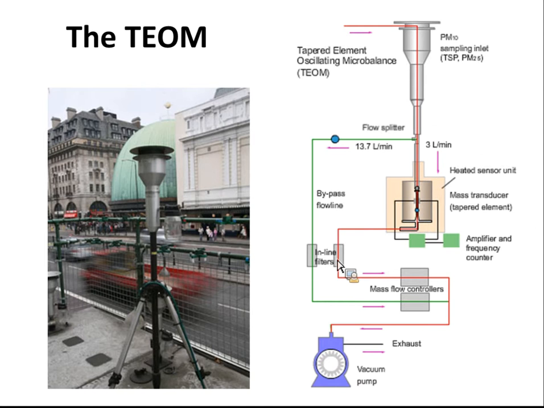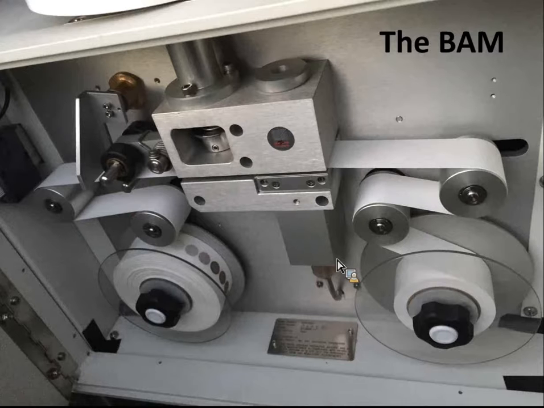We initially started measuring PM 10 with these instruments, and then we started measuring PM 2.5 with them, and then over recent years we've been switching out the PM 2.5 TOMs for beta attenuation monitors. This collects the air onto a filter tape and then shines beta at the filter tape and measures how much is returned. So it's a much easier, simpler, more stable type of instrument.